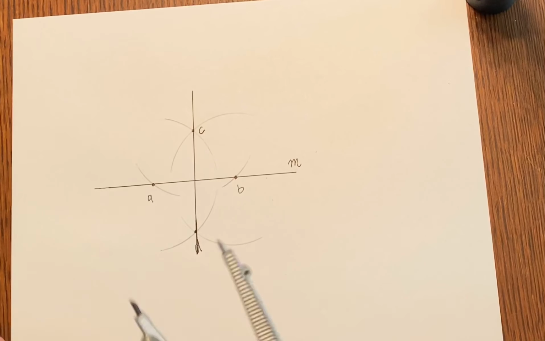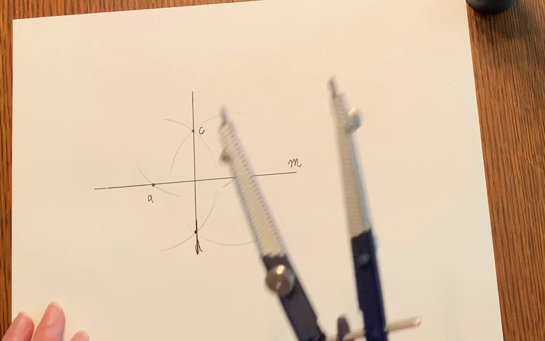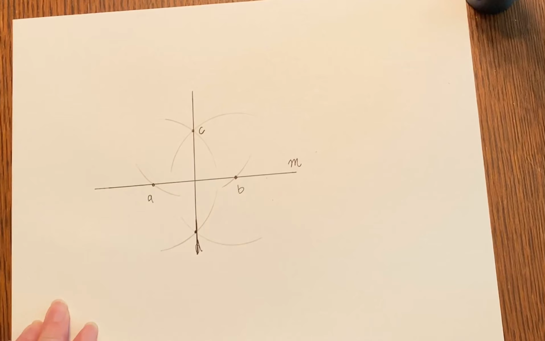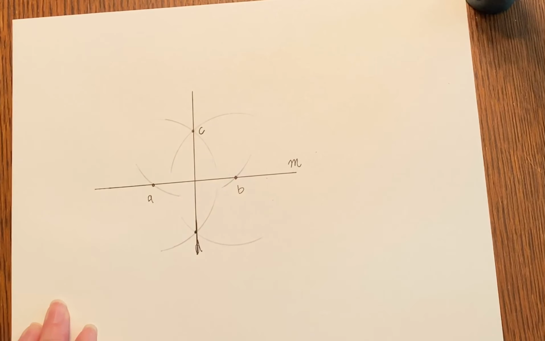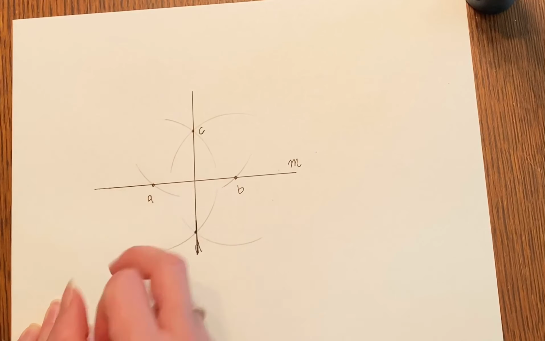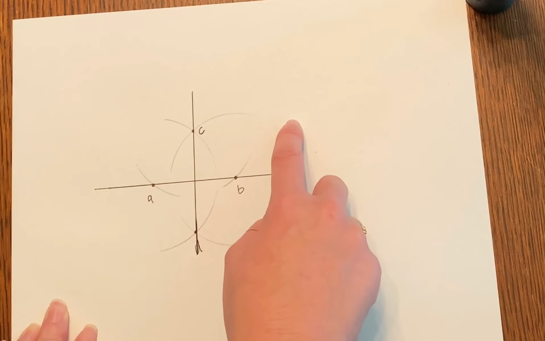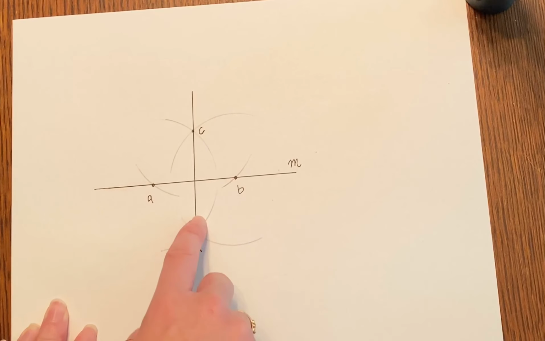I don't know how to create a parallel line, but I do know that if I have this line perpendicular to this line, and a line up here that is also perpendicular to this line, then these two lines have to be parallel.